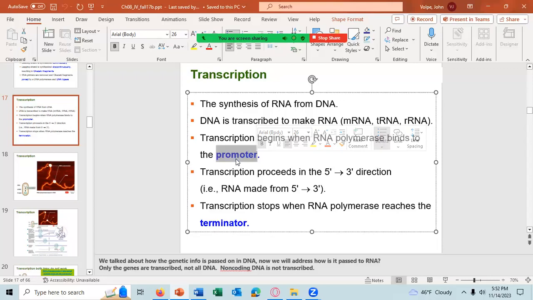And then the RNA polymerase moves down the DNA, transcribing the gene until the RNA polymerase reaches the terminator. And obviously the terminator is at the end of the gene, and the terminator codes for the RNA polymerase to fall off the DNA. And that will stop transcription.